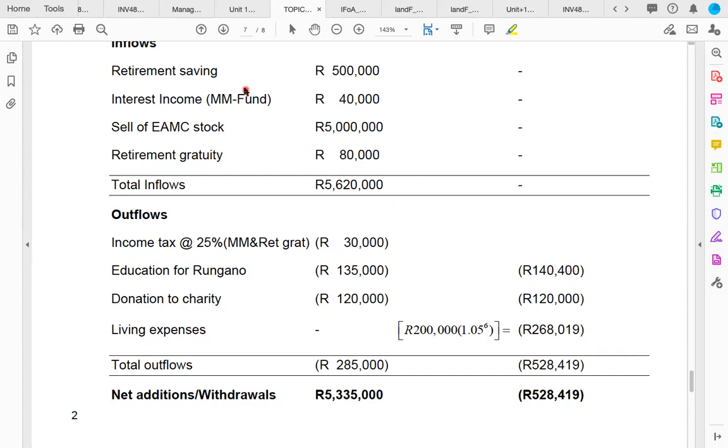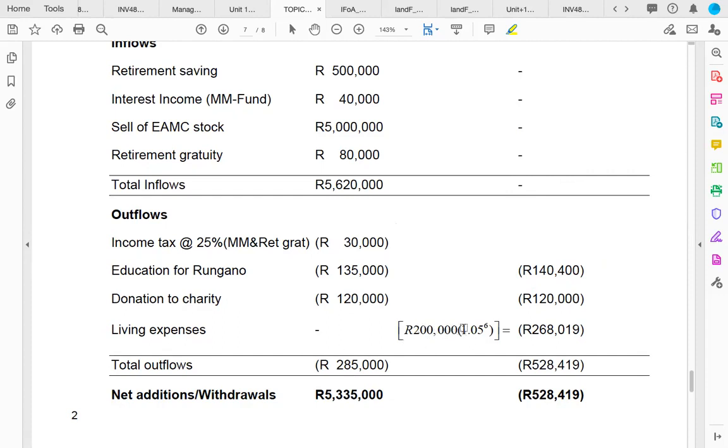So this 135,000 Rand is going to increase by the inflation rate for the education. I think we were told that it's 4%, right? So that gives us 140,400. And then the donation to charity is going to occur again, that's 120,000. And then the living expenses.